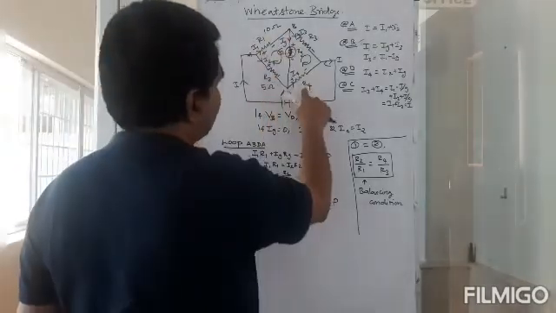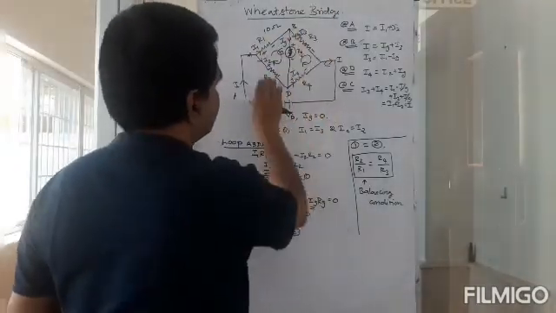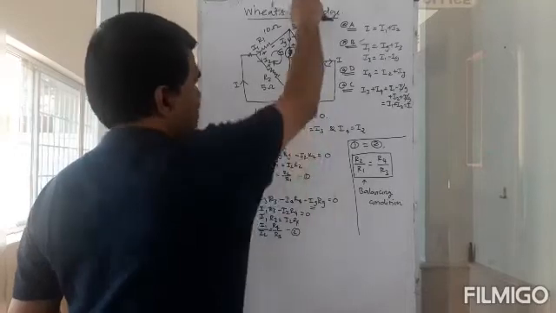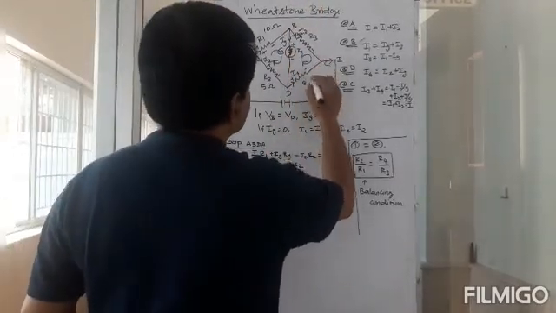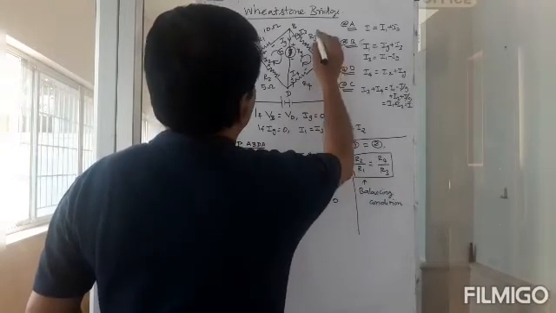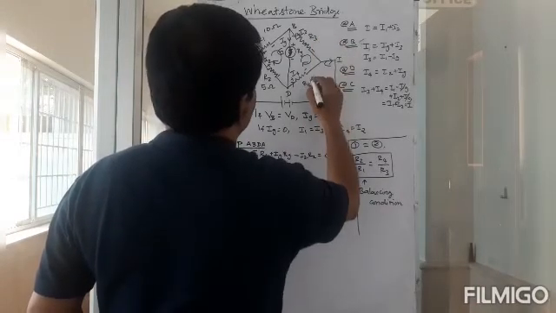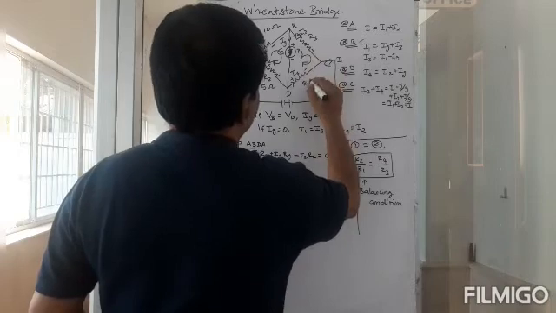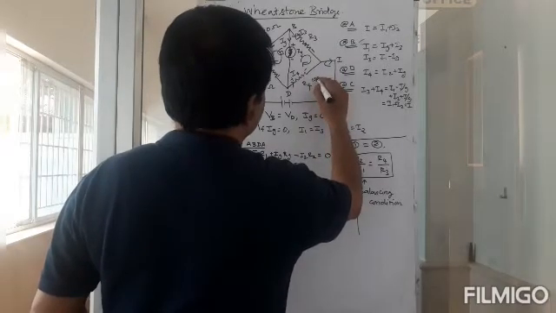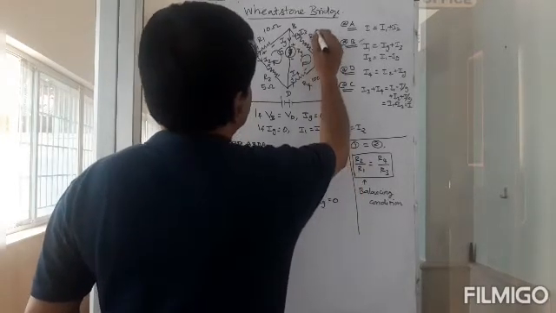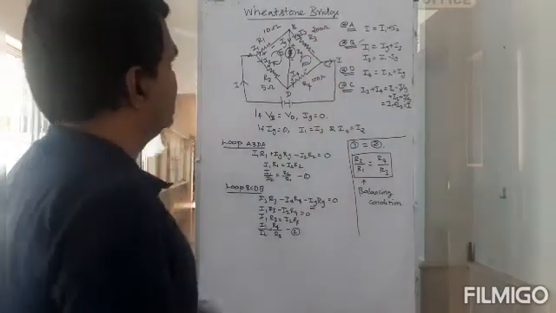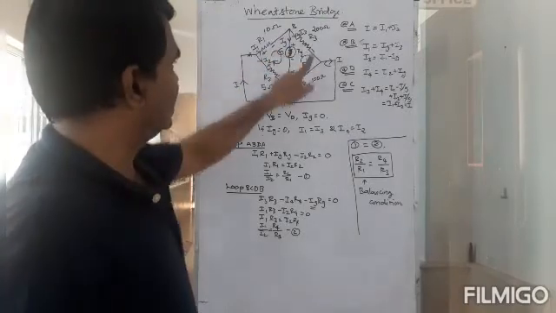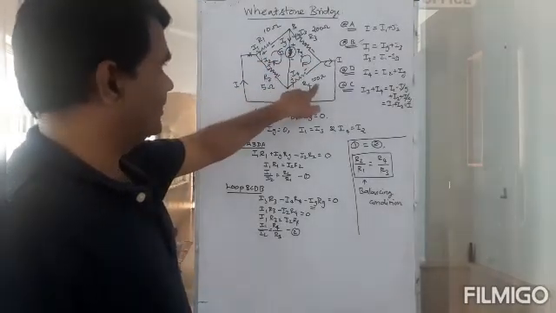R2 by R1 must be equal to R4 by R3. See, here to there, here to there. And let us say R4 is 100 ohms, and R3 must be 200 ohms. So you have 10 and 200 there, 5 and 100 here.